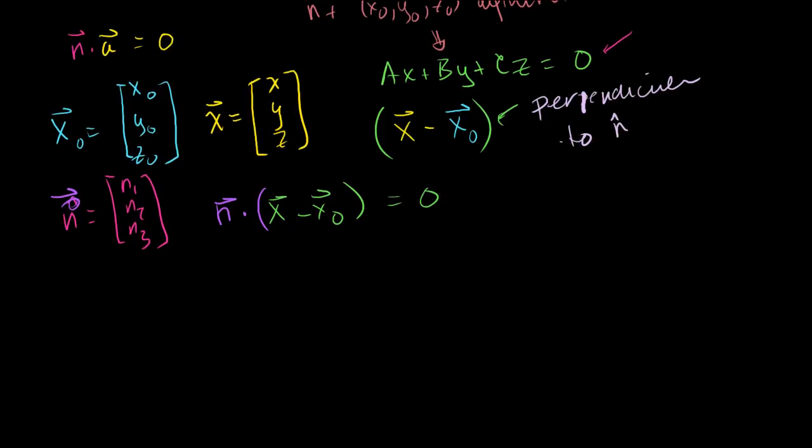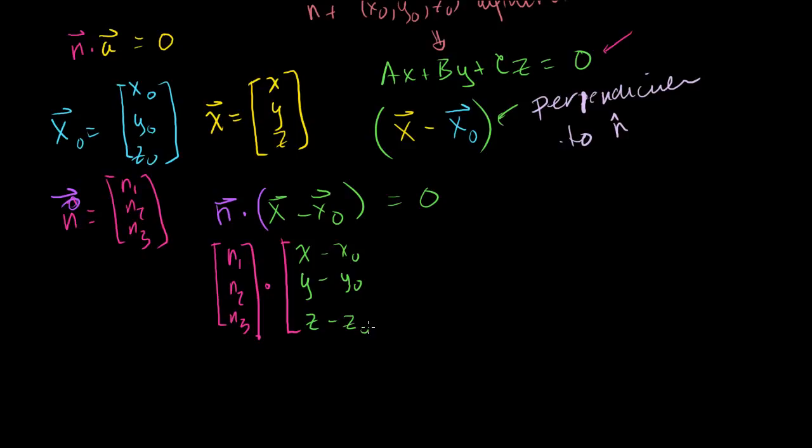If I write out the vectors themselves, it's the vector n1, n2, n3 being dotted with, well, if I take x minus x naught, that's just the scalar x minus the scalar x naught, the first term subtracted, and then the scalar y minus the scalar y naught, and then the scalar z minus the scalar z naught.